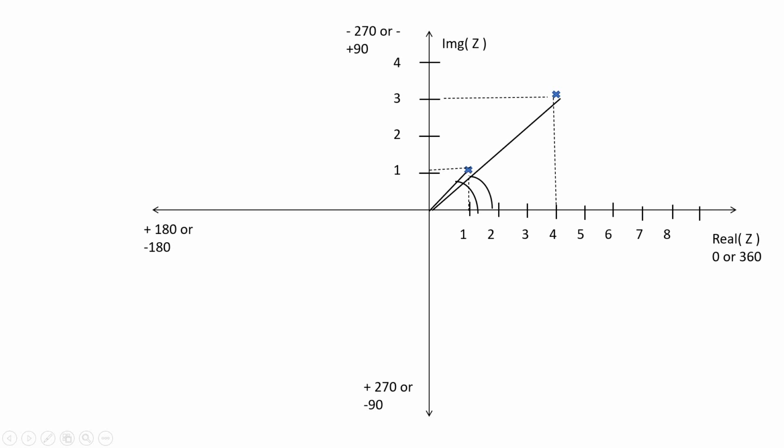The distance from the origin to the point of this complex number is what we call the magnitude of the complex number.